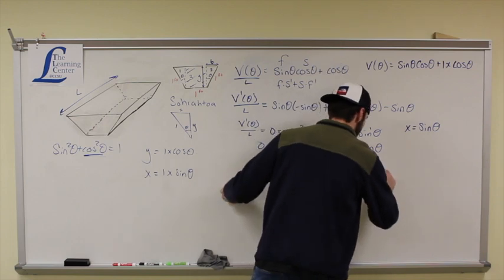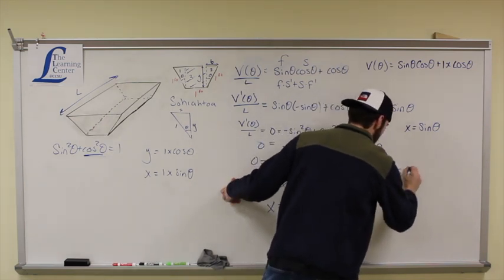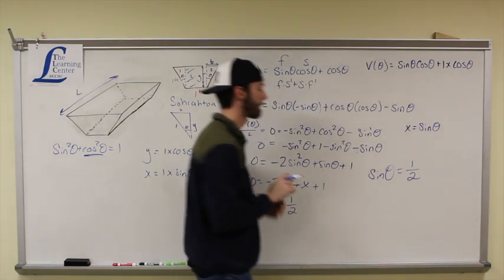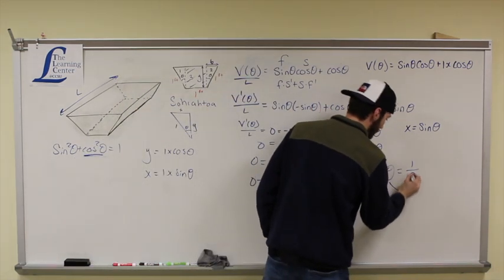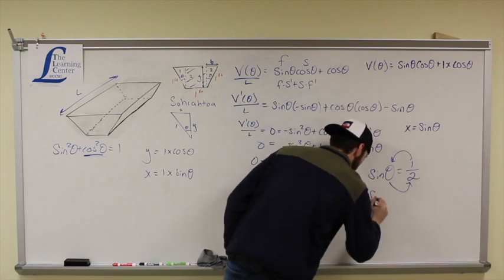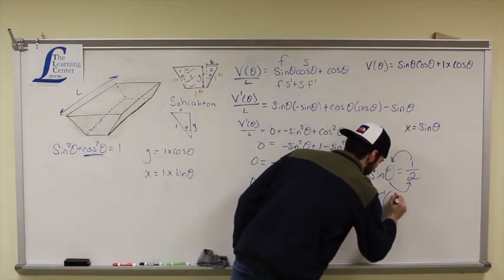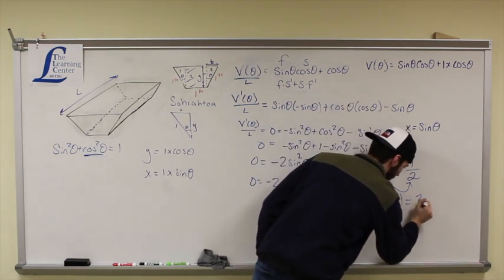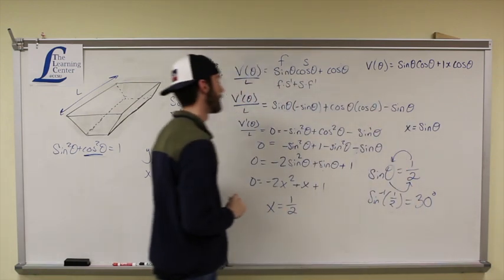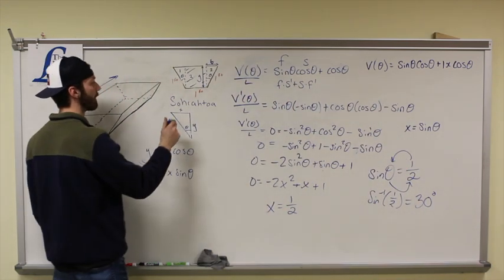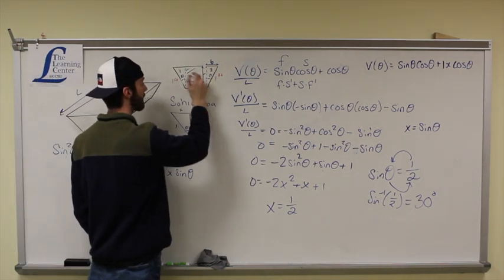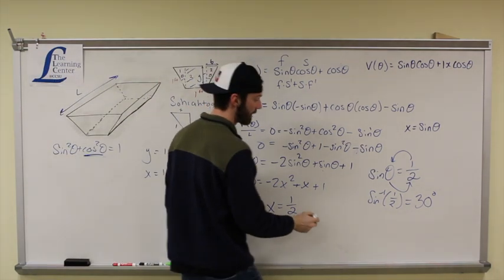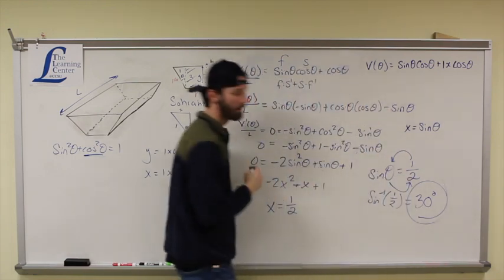We're going to say sine theta is equal to 1/2, and we're going to do a sine inverse, which replaces those two. Sine inverse of 1/2 is equal to 30 degrees. So we know that the maximum volume is going to exist when our cross-sectional area has a theta value equal to 30 degrees.